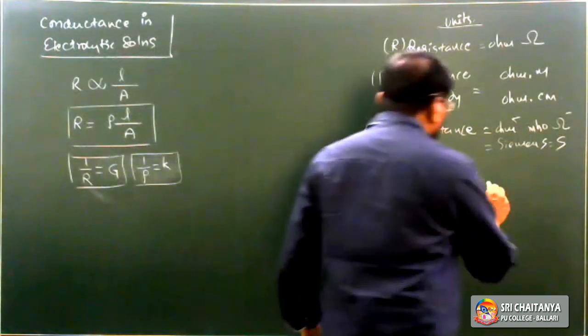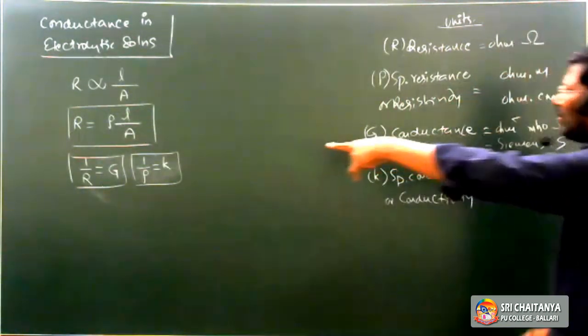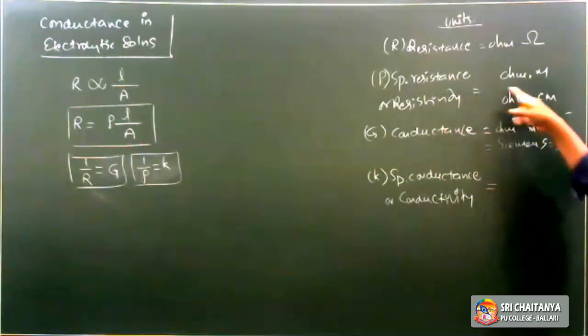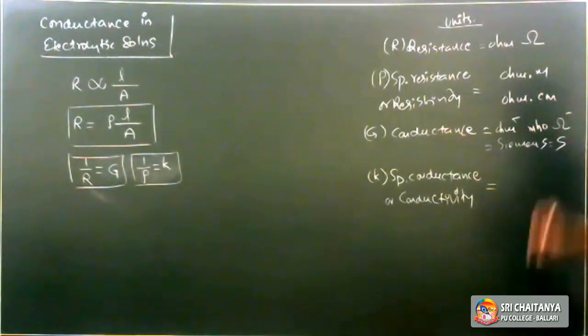Therefore, it is nothing but 1 by rho, 1 divided by rho. That means ohm inverse, meter inverse.